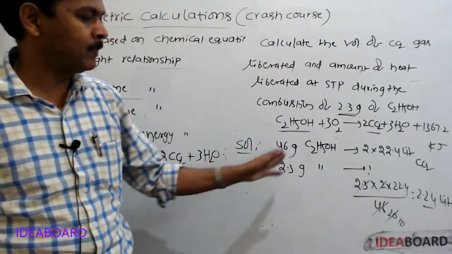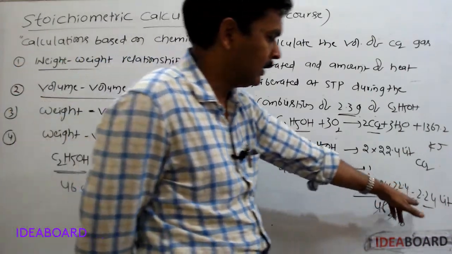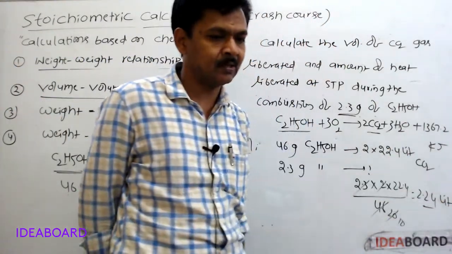During the combustion of 2.3 grams of ethyl alcohol, this much of CO2 gas will be liberated.